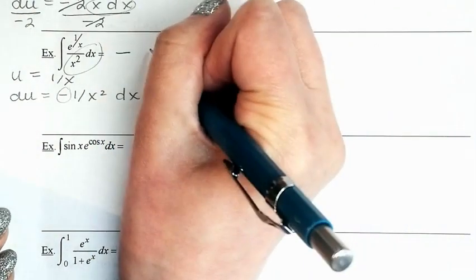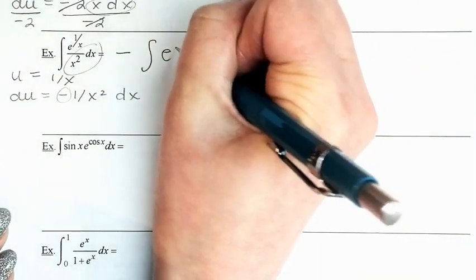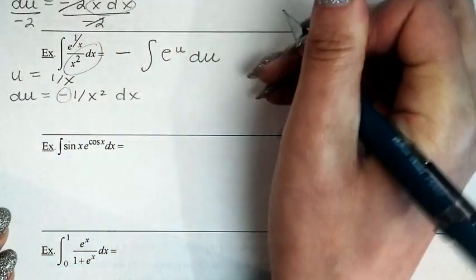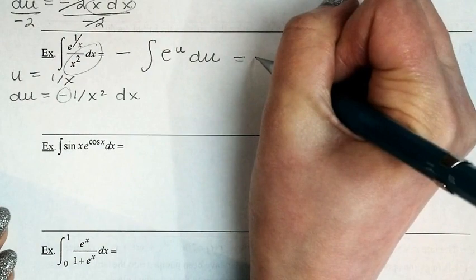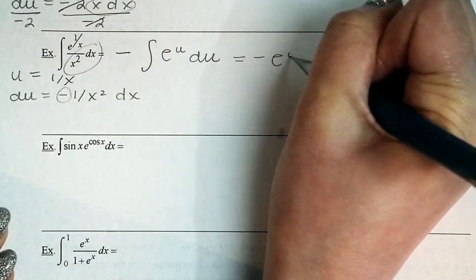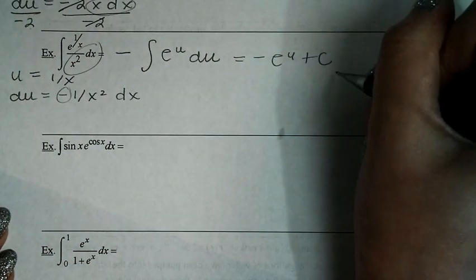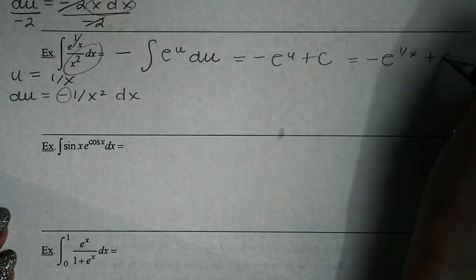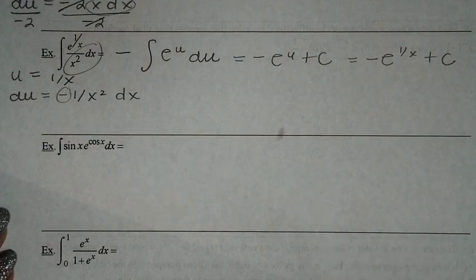Then you have the integral of e to the u du. Now you can integrate this beautifully, because you have negative e to the u plus c. So go back to your original u, which in this case was 1 over x, plus c, and that's it for this problem.